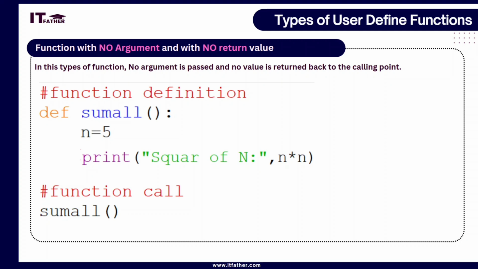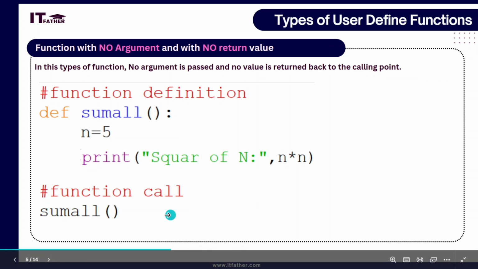First of all we have function with no argument with no return value. In this example you can understand the function definition given, sum all. Inside this function we have defined one variable n equal to 5 and print the square of n, so this is printing n into n.